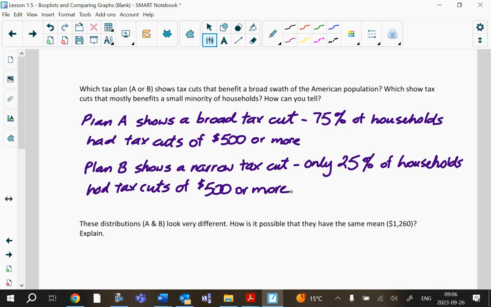If there's a lot of high outliers, what does it do to the mean? It drags it up, doesn't it? It pulls it up.